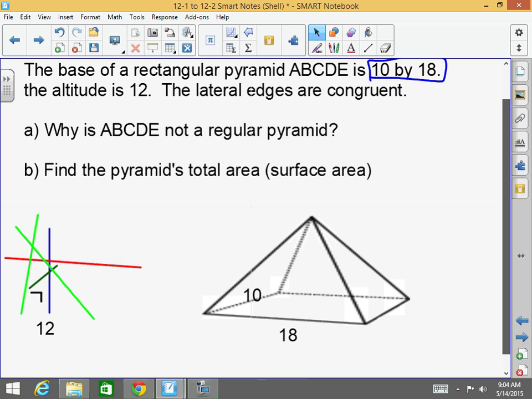So let's go ahead and make an altitude here. Kind of clutch, right? I had pre-made this. It's my altitude of 12.